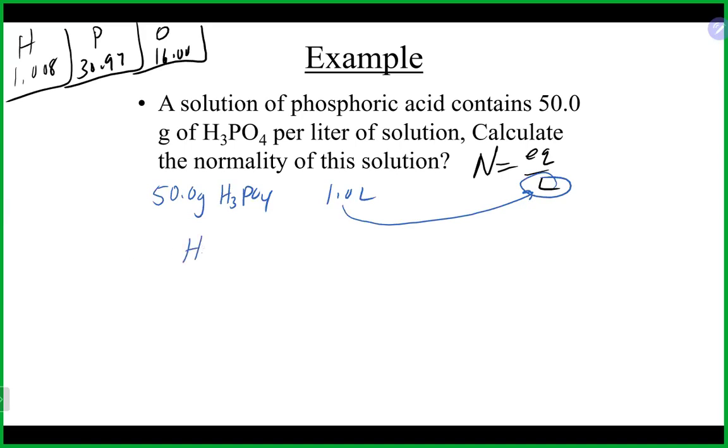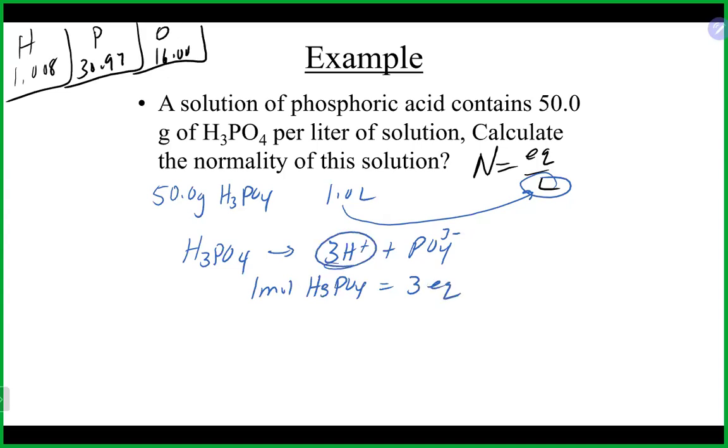And again, here with H3PO4, we're looking at it breaking apart into three H pluses and a phosphate in this case. That means that 1 mole of H3PO4 will give us three equivalents here, as obviously we're producing three H pluses. Now, in order to use this mole to equivalence relationship, I do need to convert my grams into moles.